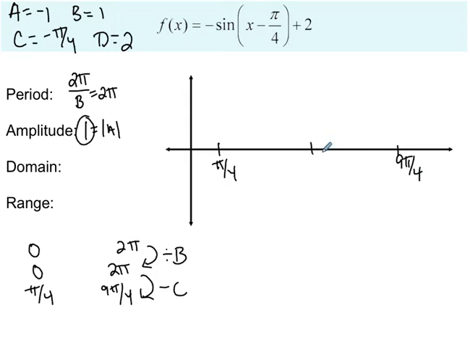Now, I'm also going to want to plot a value exactly halfway between these two. I'm going to find that by finding the midpoint. I find the midpoint by adding the endpoints up and then dividing by 2. When I divide by 2, I find this is 5 pi over 4.